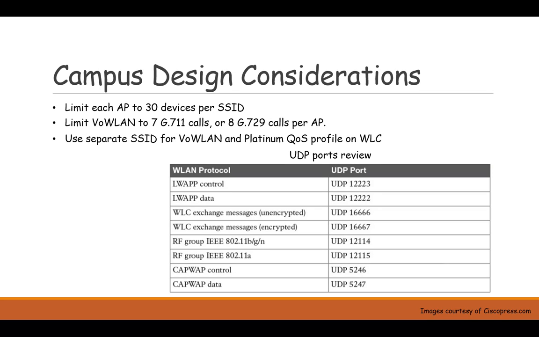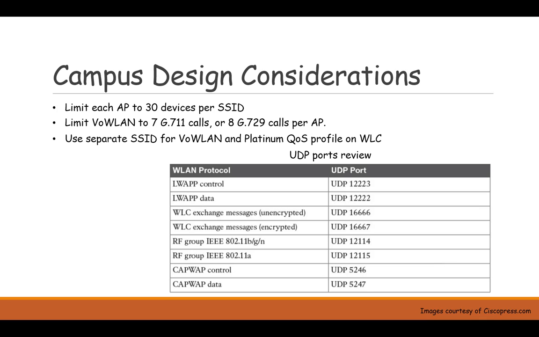For voice over WLAN, or VoWLAN, limit it to 7 G.711 calls or 8 G.729 calls per access point at any given time to ensure you maintain acceptable call quality. You may not know what these are yet, but G.711 and G.729 are voice codecs, which we'll cover later in the series when we go over voice and collaboration design.